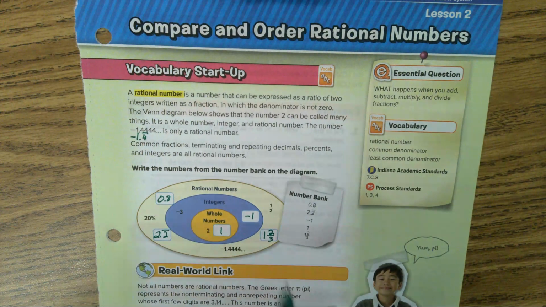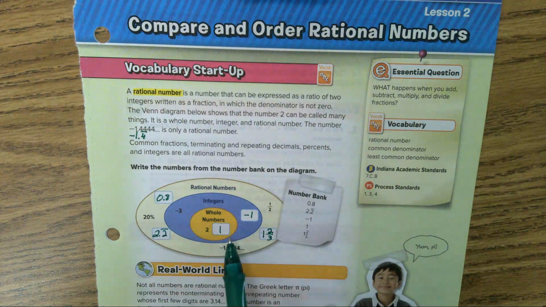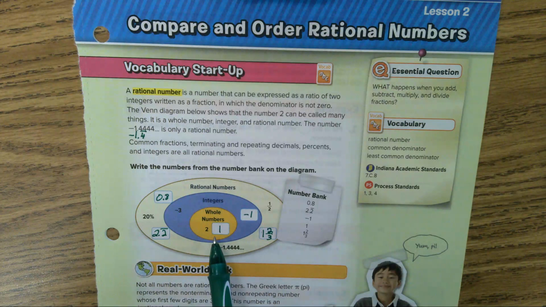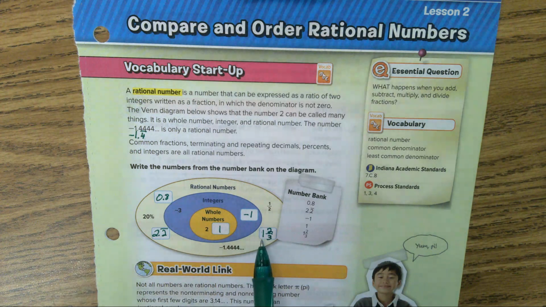Those are all different examples of rational numbers. Now, rational numbers include all the integers and whole numbers. So 1 2/3 is not a whole number, and 1 2/3 is not an integer. Integers are not expressed as fractions. Those would be rational numbers.